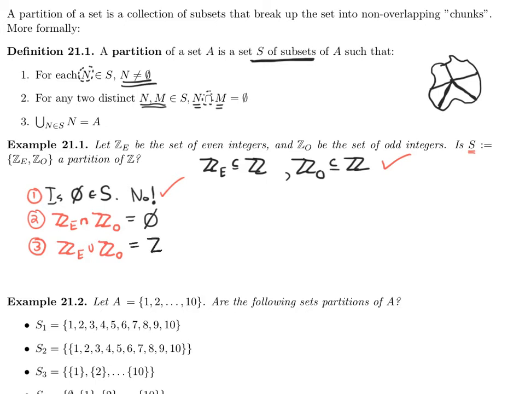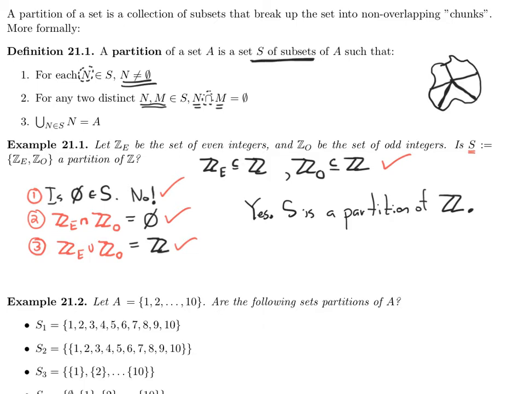We get everything back. So this is indeed a partition. So yes, S is a partition of the integers. Every integer is either even or odd, and we covered them all.